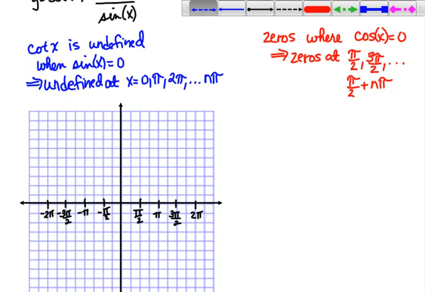So graphing this now, we can place our asymptotes at 0, pi, 2 pi, and then also in the negative direction. Okay. And our zeros are in between these.